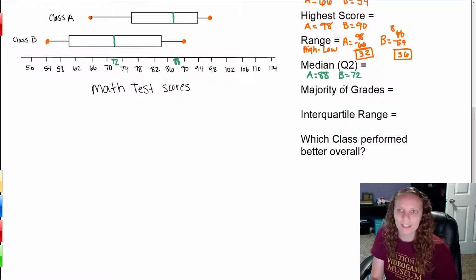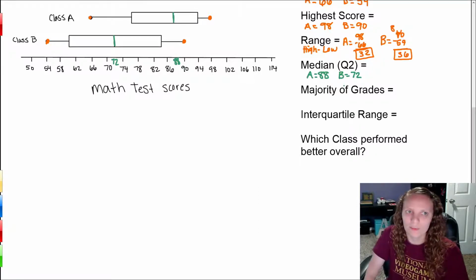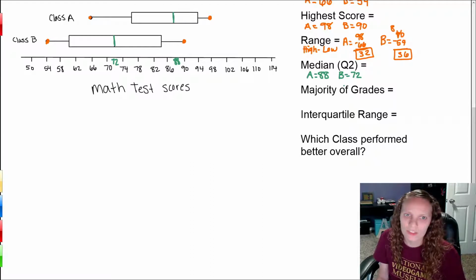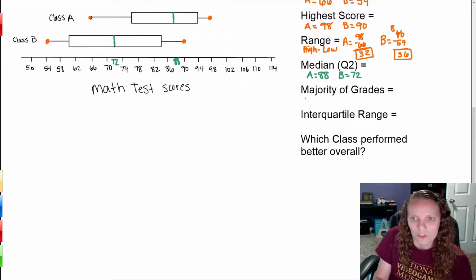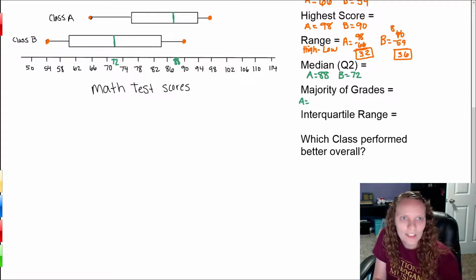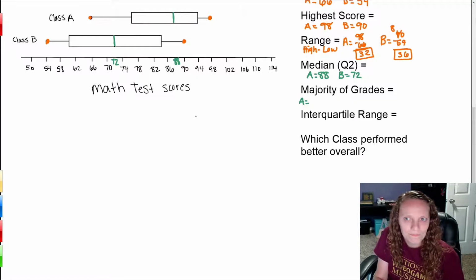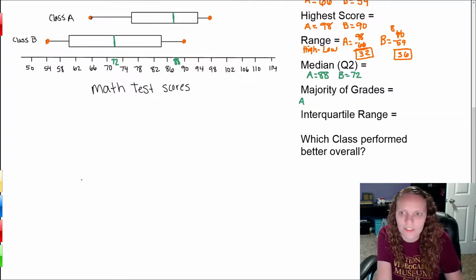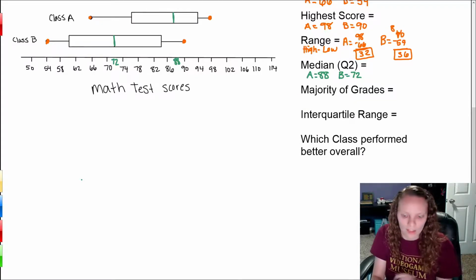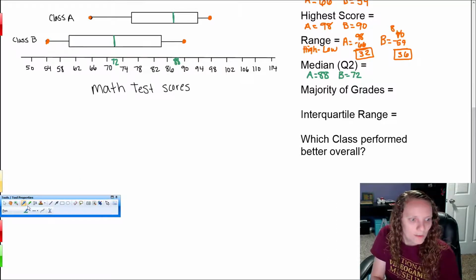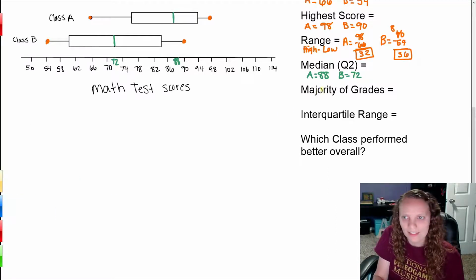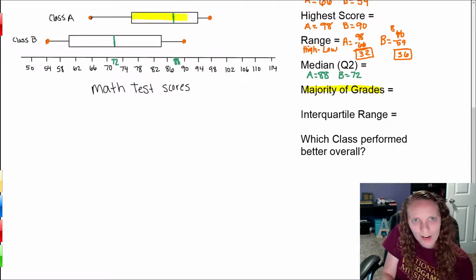The majority of the grades. Remember, the box is where most of the students' scores are located. I'm going to highlight it. So the majority of Class A's grades are located right here inside of this box.